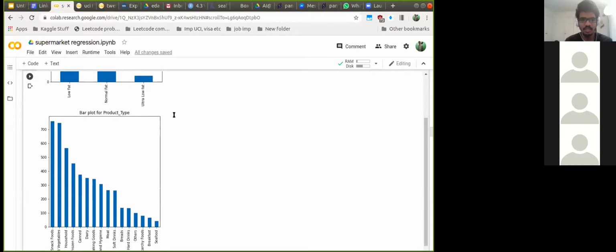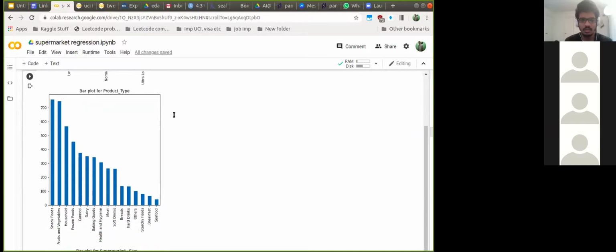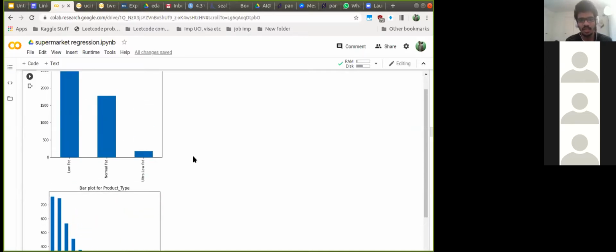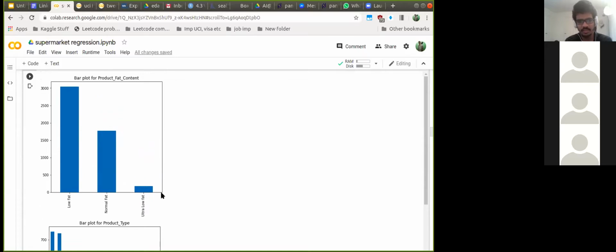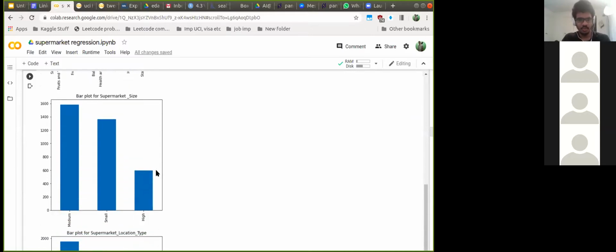This gives us the frequency of each category. We can see that these categories have really high frequency, and these don't have as much. We actually went through this example in the PPT: low fat is the highest and ultra low fat has the lowest frequency. Anyways, moving on.